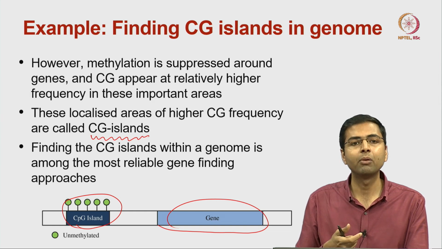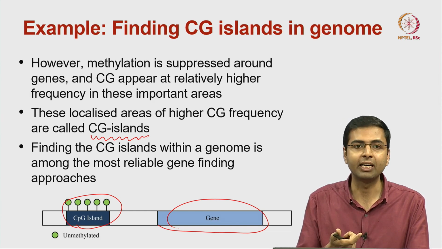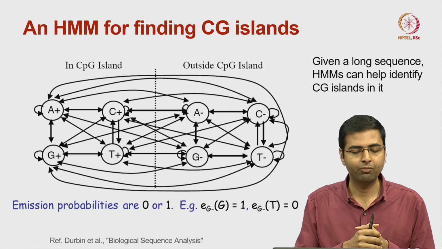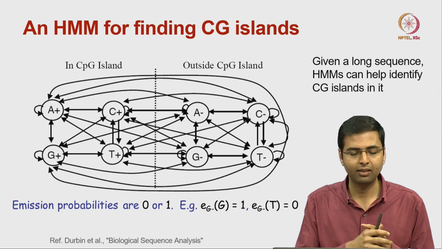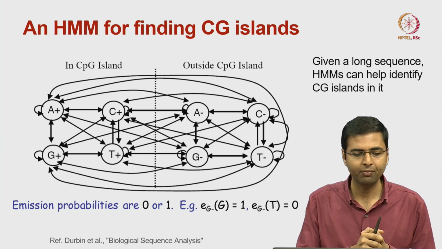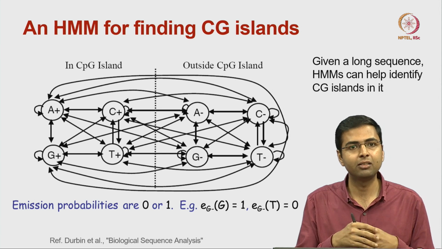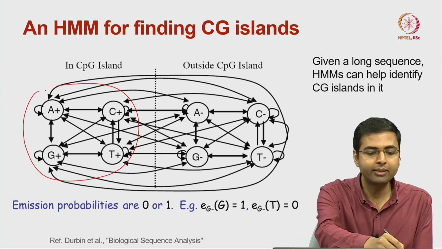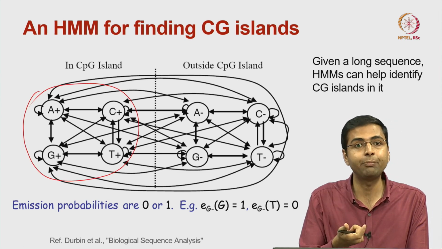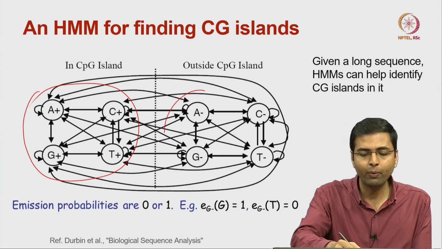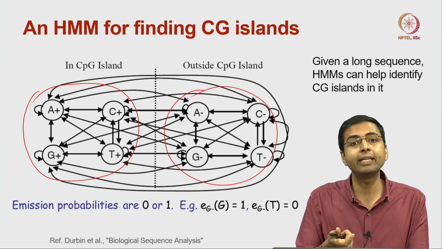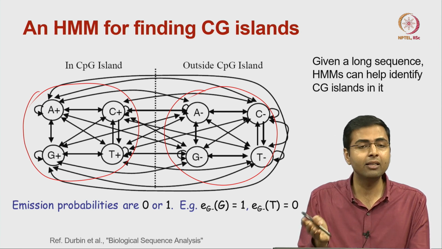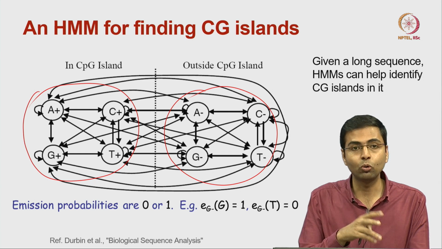Now, this problem can be modeled efficiently using HMMs. For example, using the available sequences and information, we can model the sequences based on how they look inside the CpG island, and we can model the sequences based on how they look outside the CG island, and we can allow a small probability of transition between the two regions.